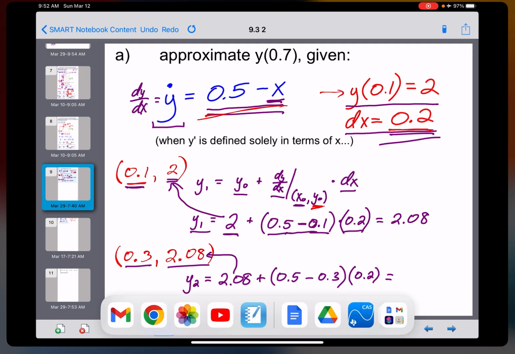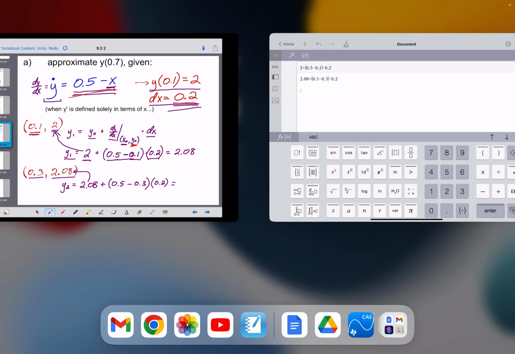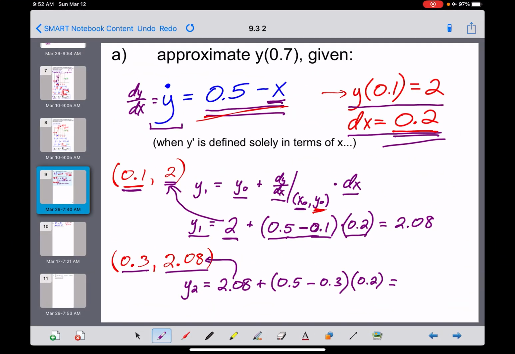So let's type that in, everybody. And again, the numbers aren't that bad right now. I could type in 2.08, but if I just hit plus, it does last answer for me. And then in parentheses, we had a 0.5 minus 0.3. That was our previous x value now, multiplied by 0.2. Okay, gotcha. And we'll hit enter there, and now we get 2.12 for that value here.